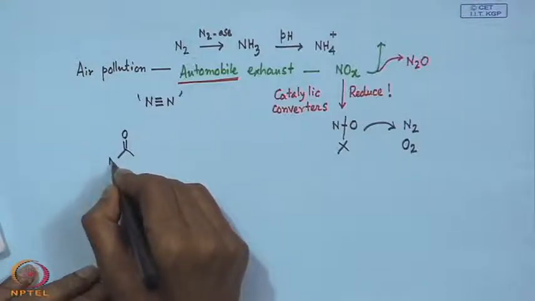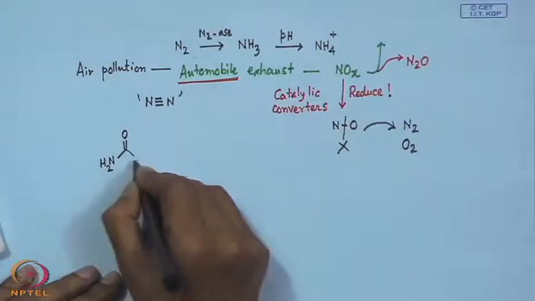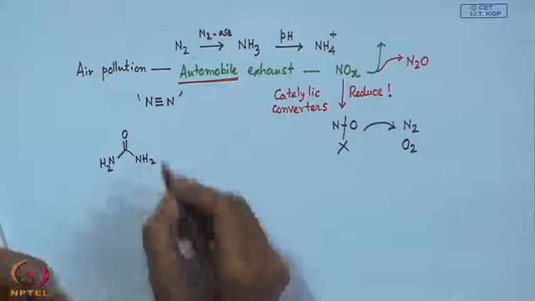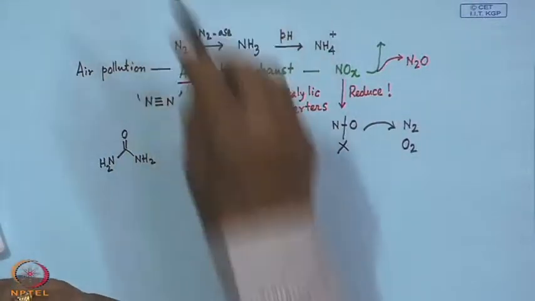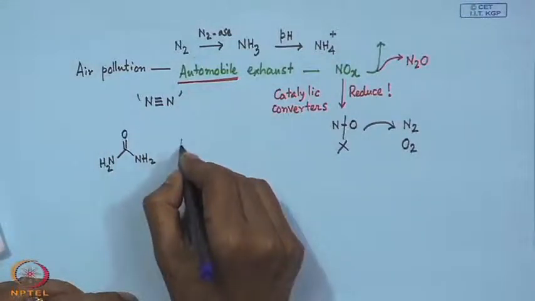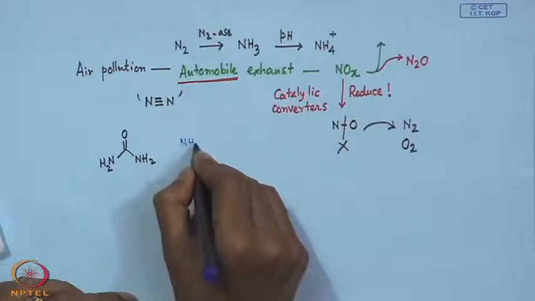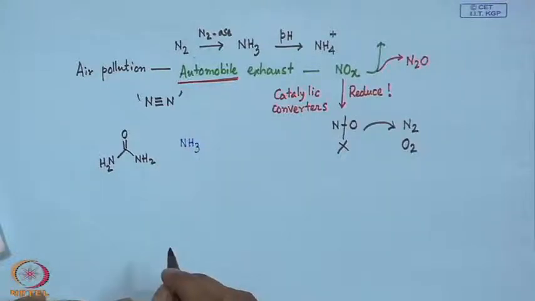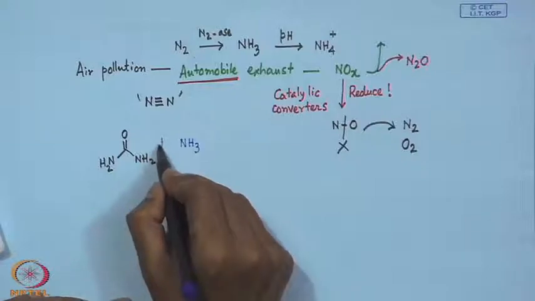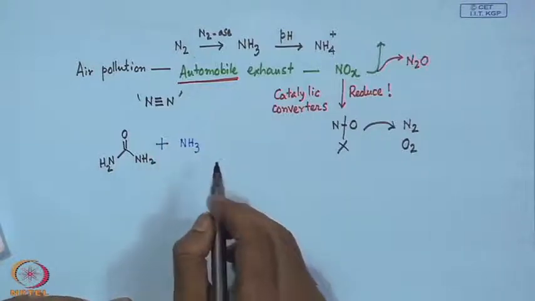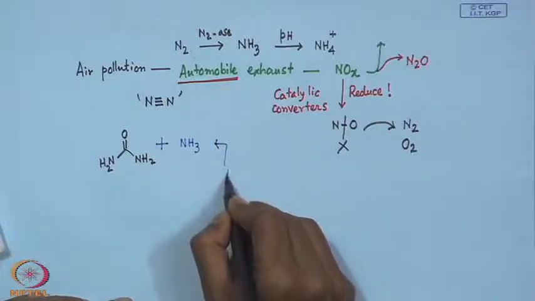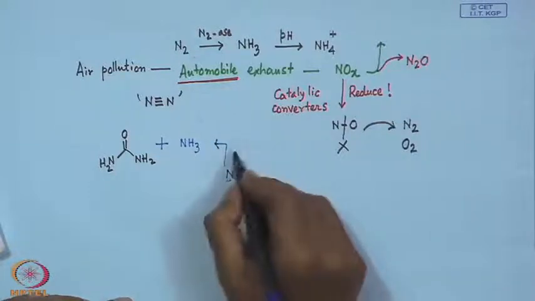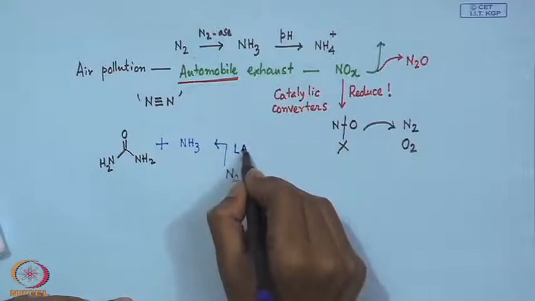How do we get urea, which can be used as a useful fertilizer, and that fertilizer we get basically from the ammonia molecule. So, how do we get both urea and ammonia from the dinitrogen molecule in a typical laboratory.